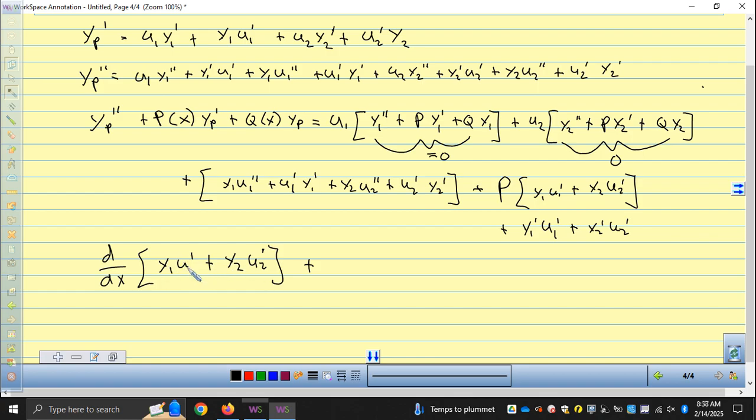If I take the derivative of y1 u1 prime plus y2 u2 prime, it expands out to this, plus p times this thing, y1 u1 prime plus y2 u2 prime, plus y1 prime u1 prime plus y2 prime u2 prime. That has to equal f of x.